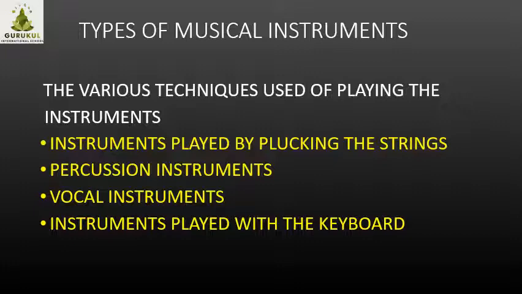Now I think this year you have the sound lesson in science. In this lesson you will be learning about how sound is produced. Sound is produced due to vibrations. And plucking means what? What is the meaning of plucking? Plucking means you have to just shake that string.